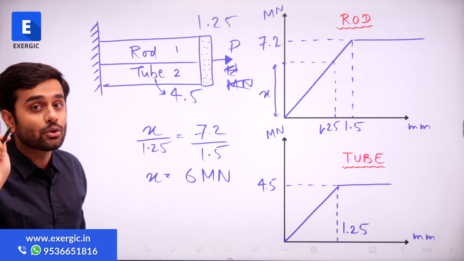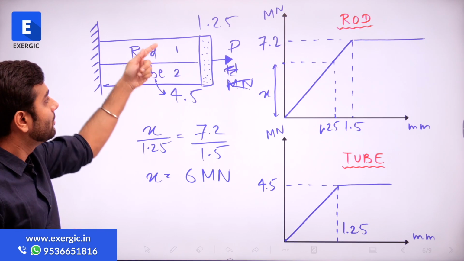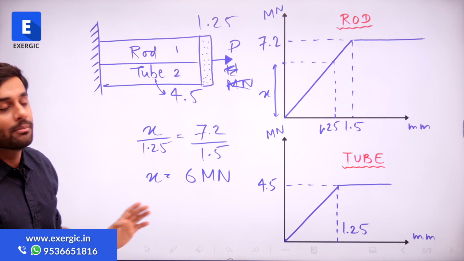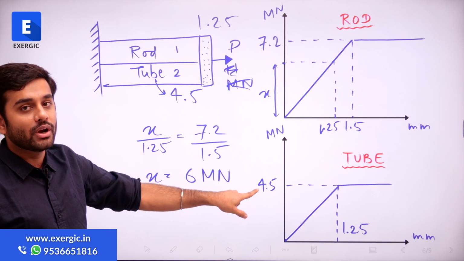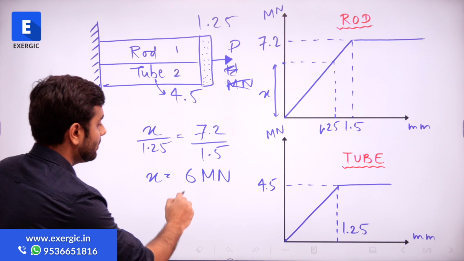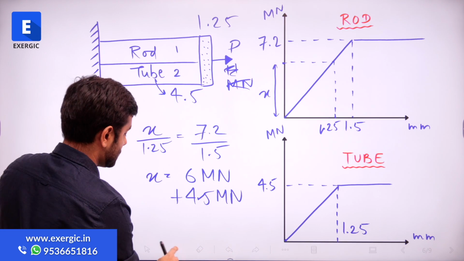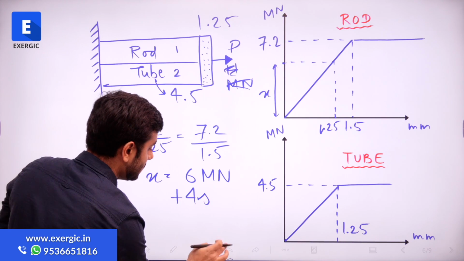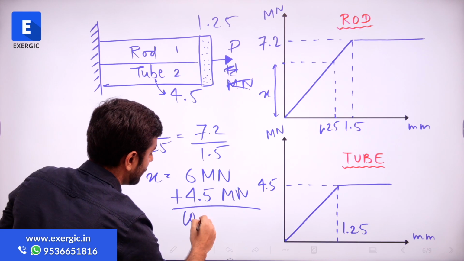So what will be the total value of P when it has deformed by 1.25? P of rod plus P of tube. P of rod is equal to 6 mega Newton, P of tube is 4.5. So the net value of P will be 6 plus 4.5 mega Newton, combined 10.5 mega Newton.